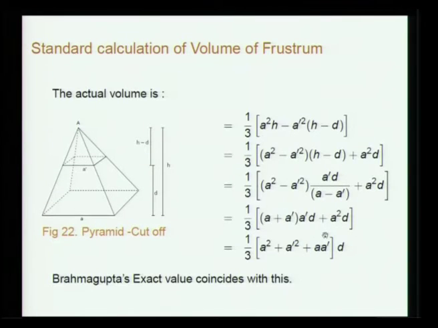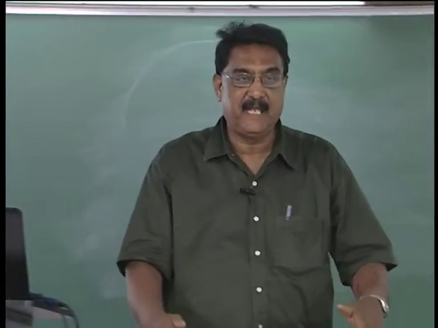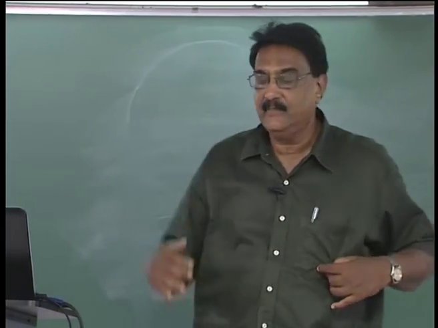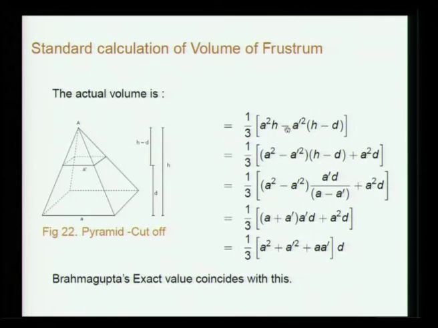So, the actual volume will be, the total volume of this is 1 by 3 A squared H, using the same kind of thing we had got earlier. Whether it is tapering volume, it is 1/3 of the area of the base into the height. So, 1/3 A squared H is the total volume.